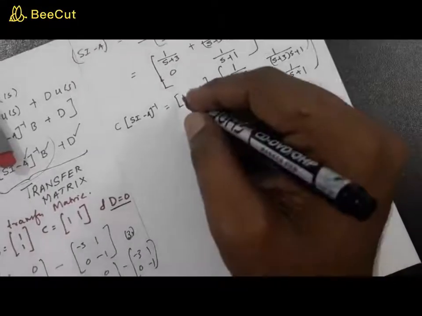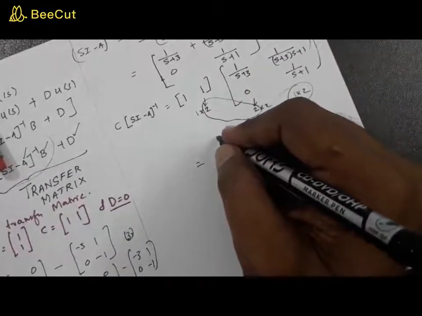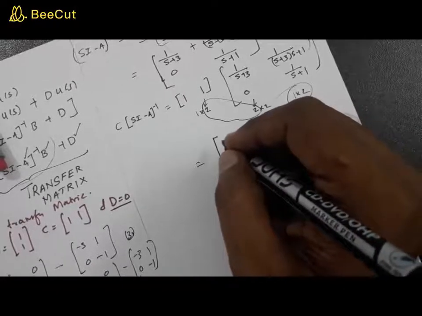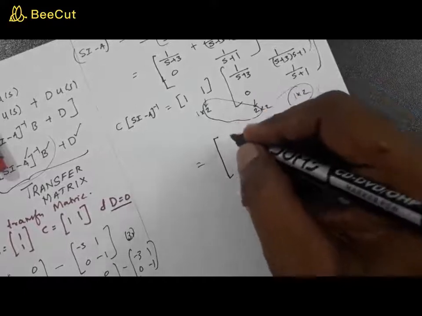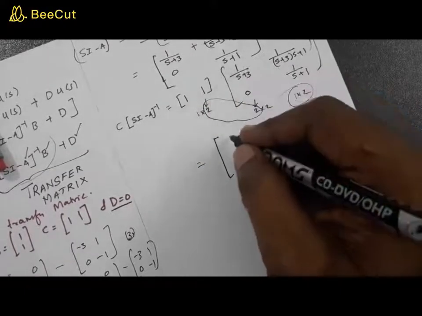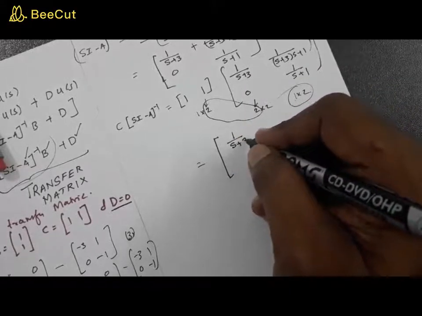So the first element will be 1 into 1, so this will be 1 into 1 into 1 by S plus 3, which gives you 1 by S plus 3, right?